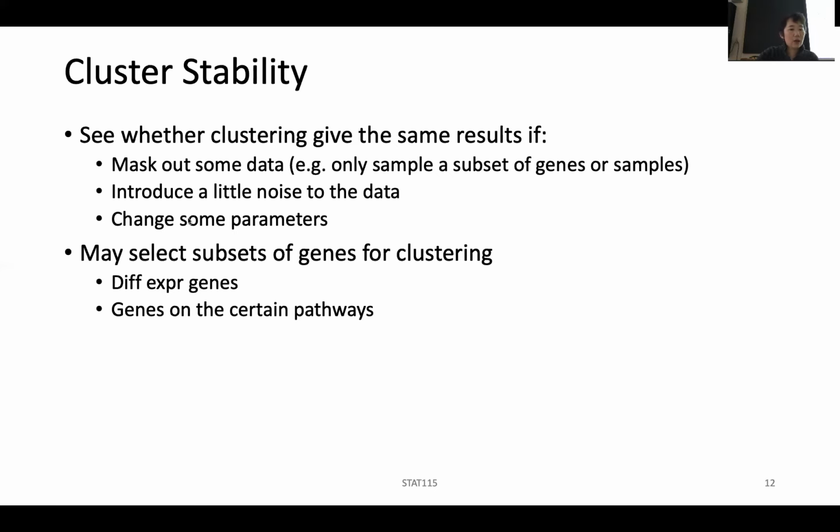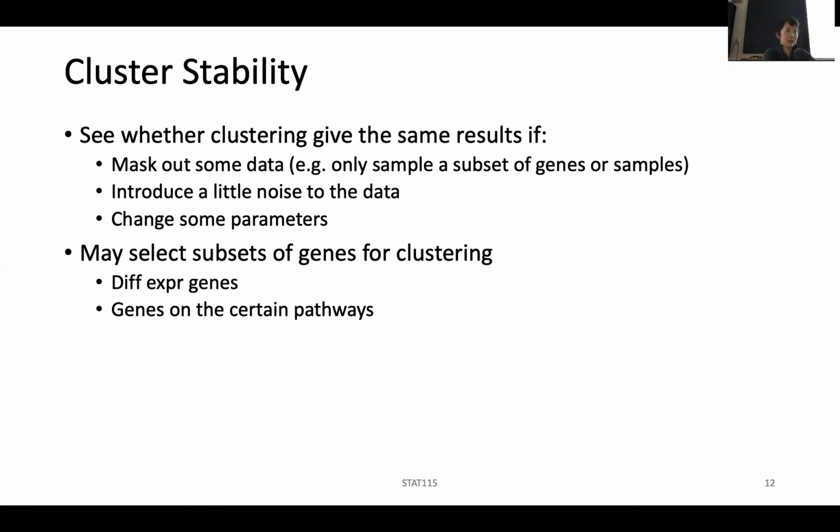Okay, and also in order to reduce noise, a lot of people might first select a subset of genes for clustering. For example, instead of using all the genes, like 20,000 genes in the study, you might want to at least use some genes that are more or less differentially expressed within all the samples, at least having variabilities.